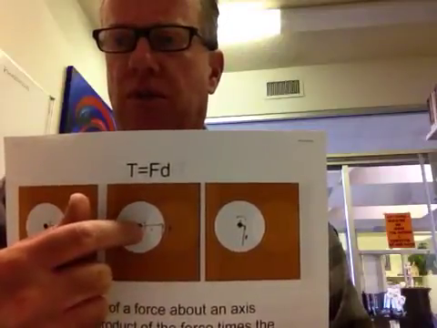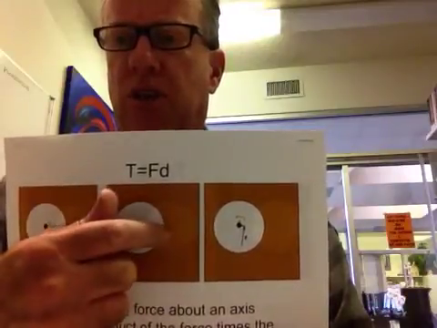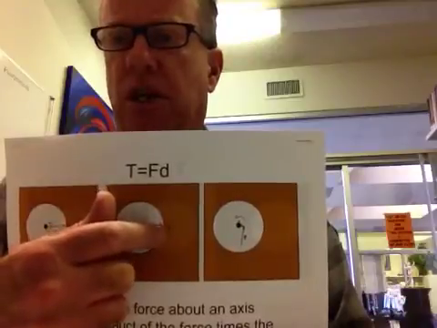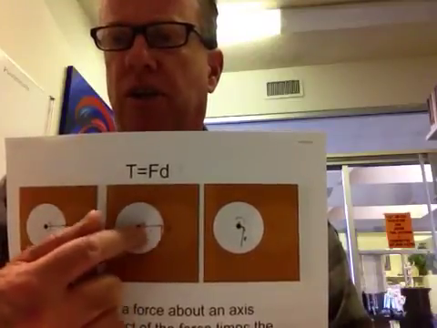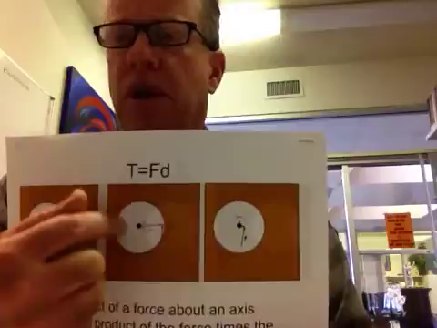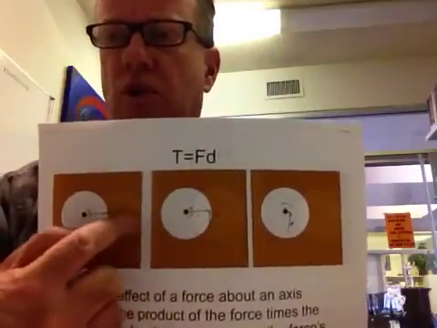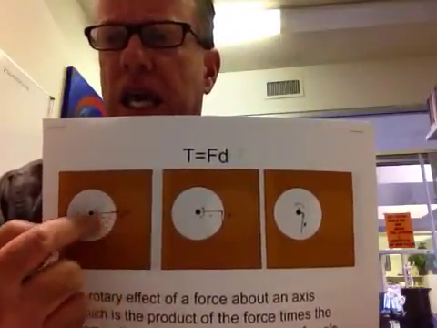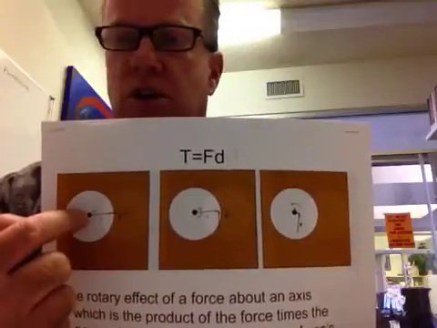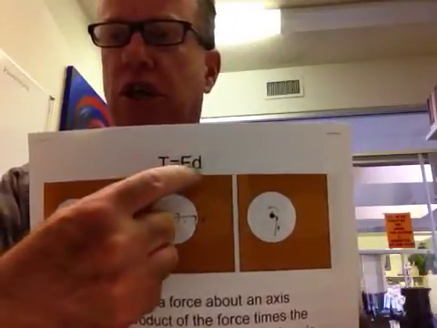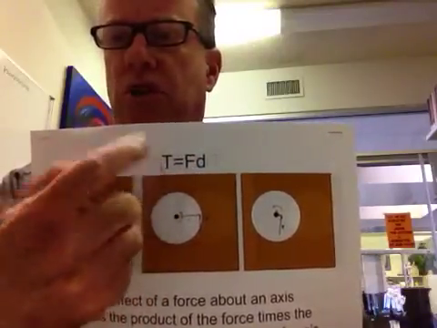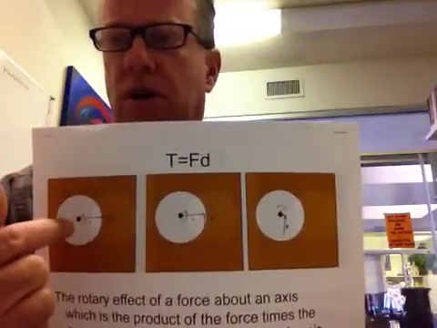Here's the axis of rotation. Here's the application of force, and because it's at a perpendicular distance, it's applied to the moment arm, then rotation will occur. If the force is applied into the axis of rotation, there's no d, so it's F times 0, which will be 0. There'll be no torque.